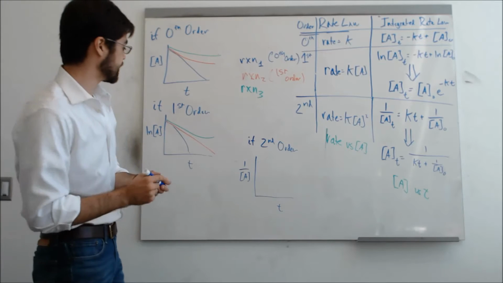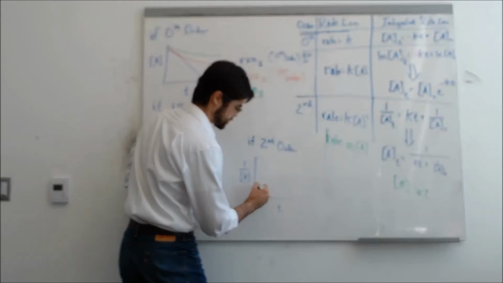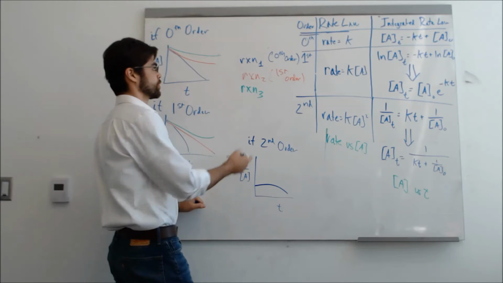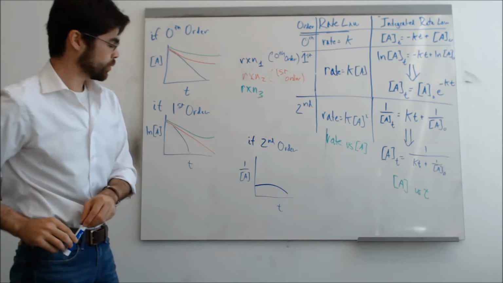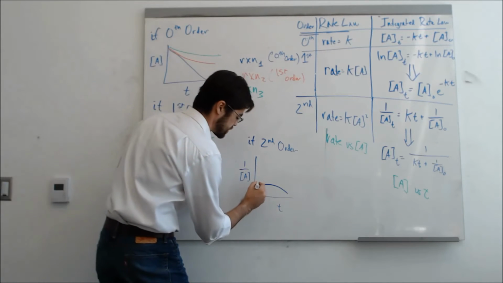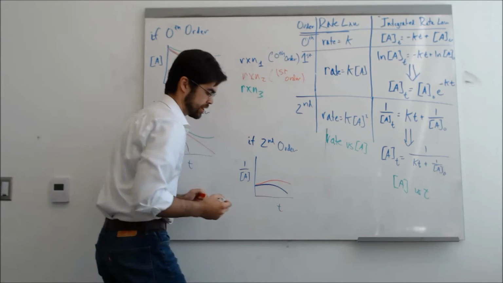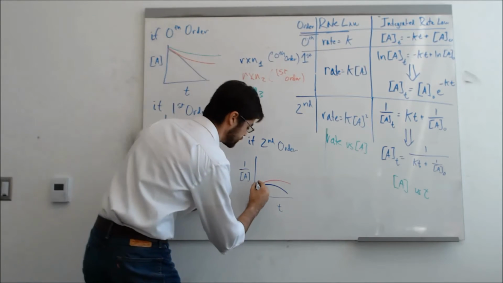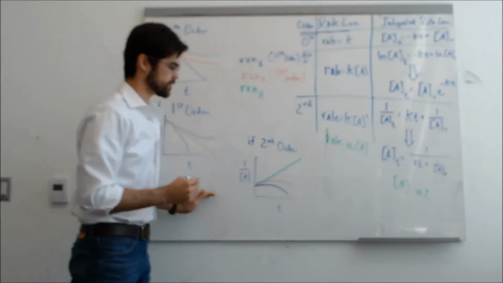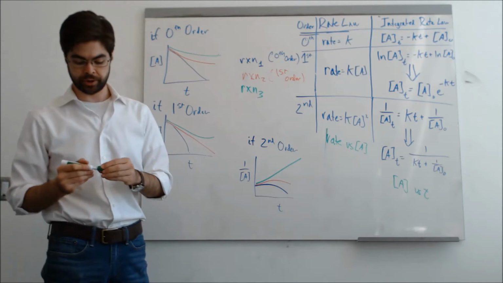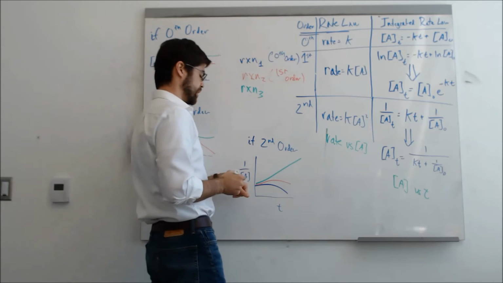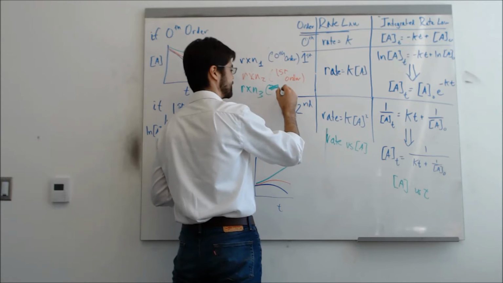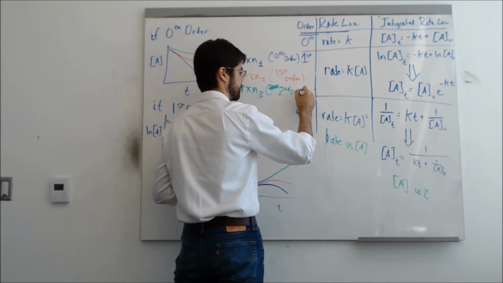So what I predict that I get here is something that looks like that for reaction 1. Reaction 2 might look something like that, which is also not straight. And then reaction 3 here has a nice straight linear curve, which implies that reaction 3 here is, oh goodness, second order.